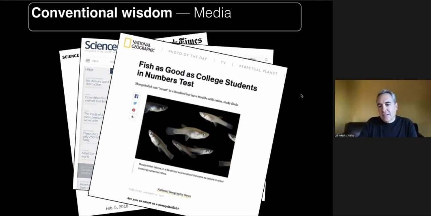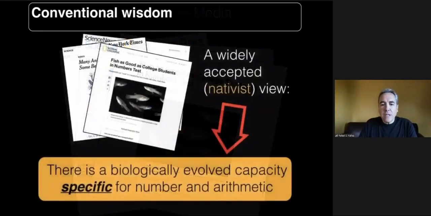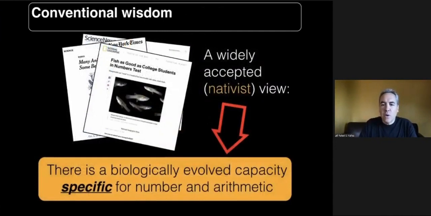Now, in a certain way this is a narrative that you see in media, but it has led to a widely accepted view that I would call nativist, which states that there is a biologically evolved capacity that is specific for number and arithmetic. So this is an important term to clarify.